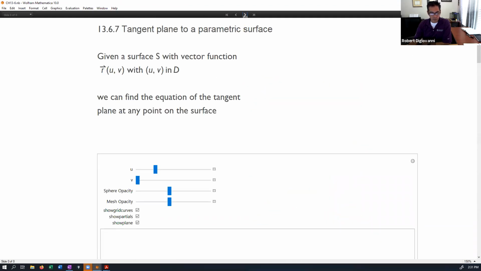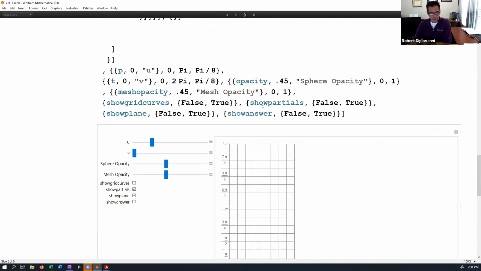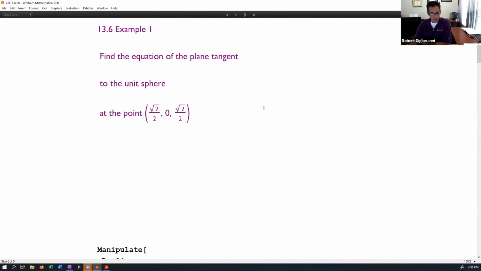We're going to do an example here. Let's do it. Find the equation of the plane tangent to the unit sphere at this point. Got 9 minutes.